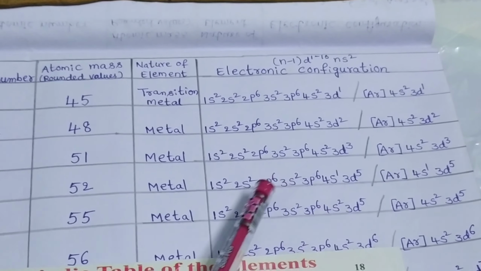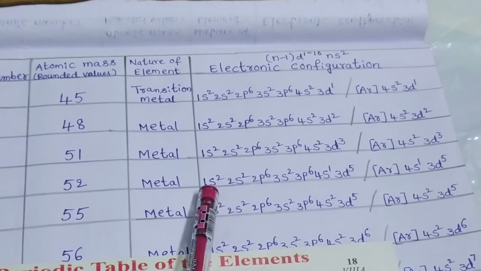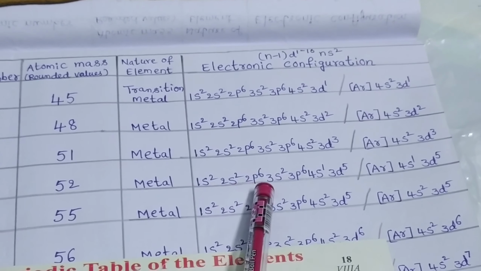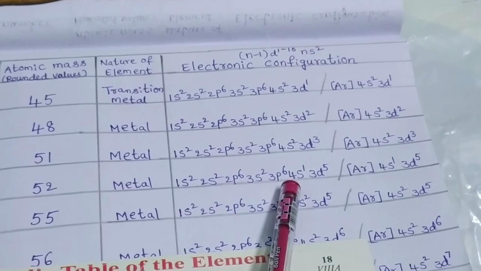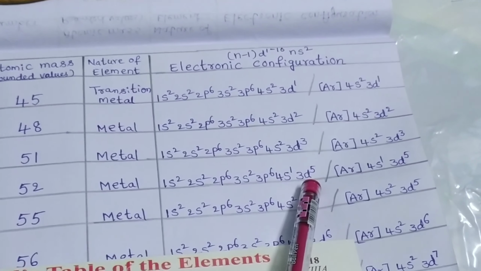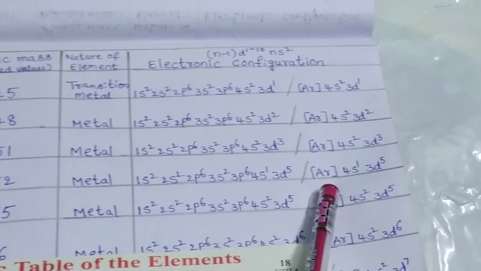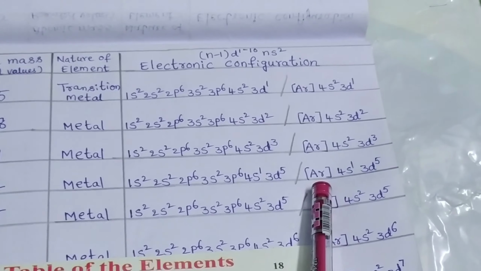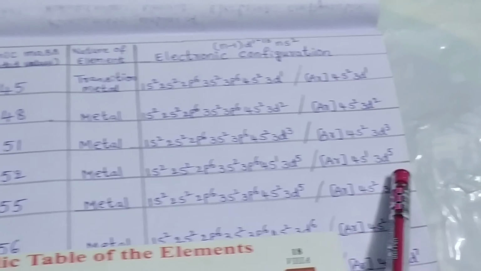So the alternative electronic configuration of chromium can be written as 1s2, 2s2, 2p6, 3s2, 3p6, 4s1, 3d5. This is the anomalous electronic configuration of chromium. In shorthand notation, it can also be written as argon 4s1, 3d5.